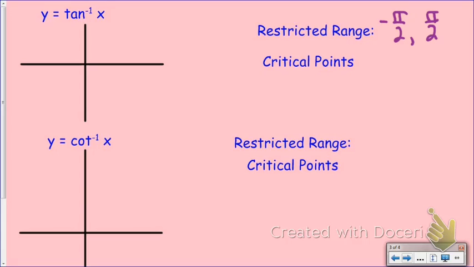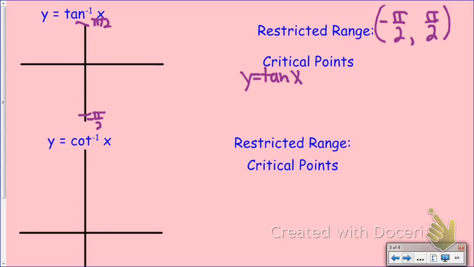But the difference with this, if you guys think back to y equals the tangent of x, if I plug in the x value of pi over 2 or negative pi over 2, the tangent of pi over 2 is actually undefined. So what that means is that those 2 points I'm actually not going to touch. Those 2 points on my graph are actually going to be asymptotes. So pi over 2 and negative pi over 2 will actually be asymptotes on my graph.